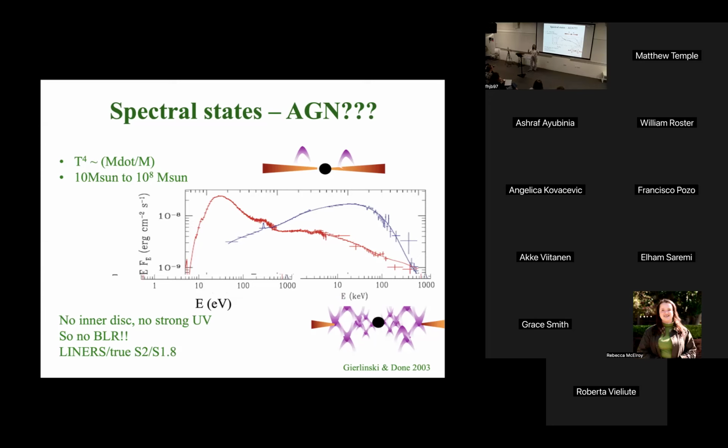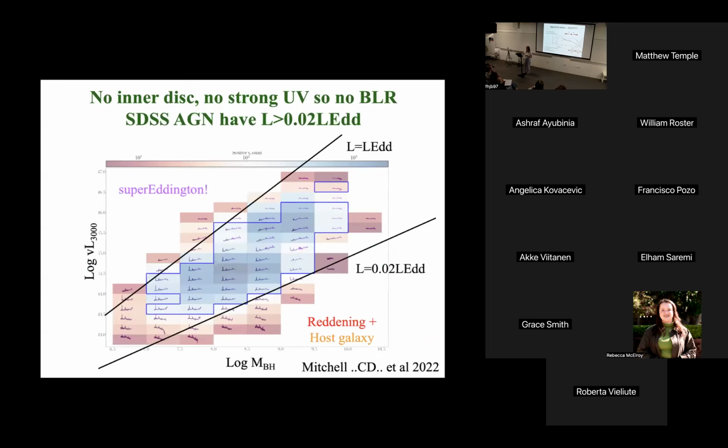So there's going to be a huge drop in the visibility of any broadline region. So this is predicting that actually there should be some true Seyfert 2s in there that are not obscured, they just don't have UV, and they don't have a strong broadline region as well.